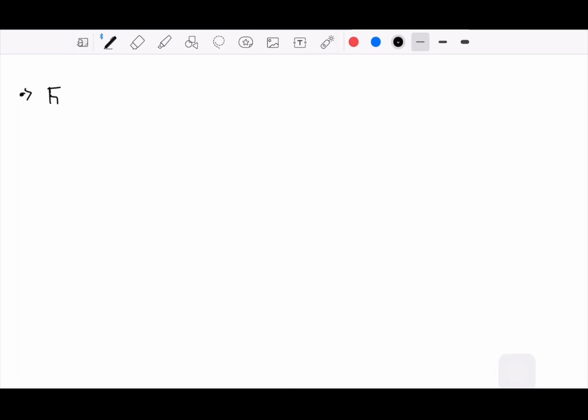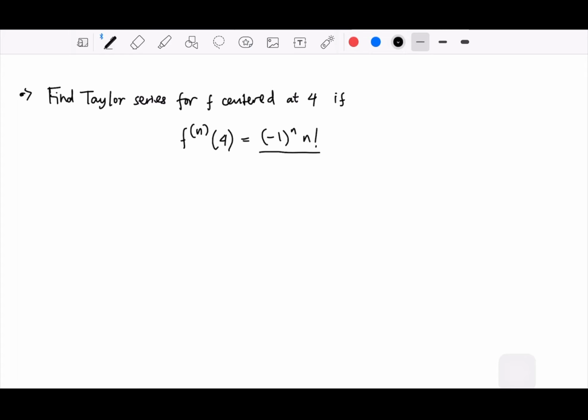Okay, fine. So find the Taylor series and then find the radius of convergence.